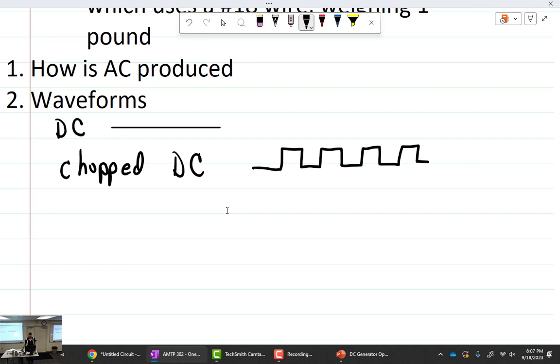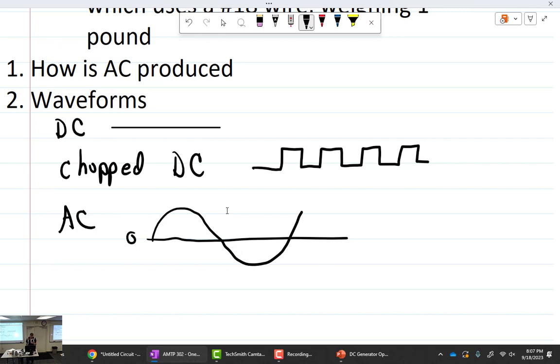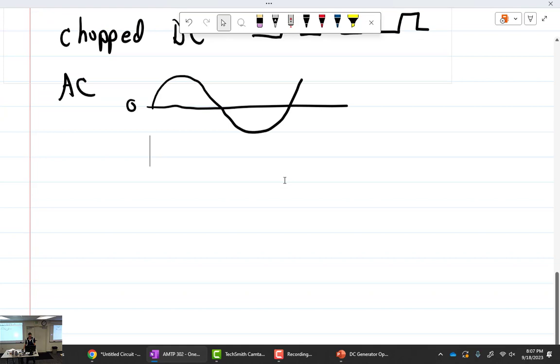And then, of course, we have the AC, which is what we've been talking about. If this is the 0 plane, it's going to go above the 0 plane, an equal amount below the 0 plane, and on and on and on. All right, we're going to look at that just a little bit more.